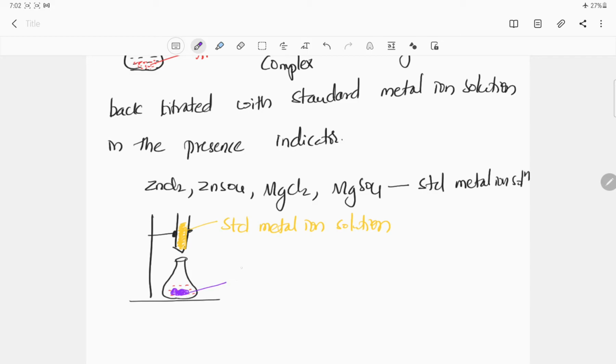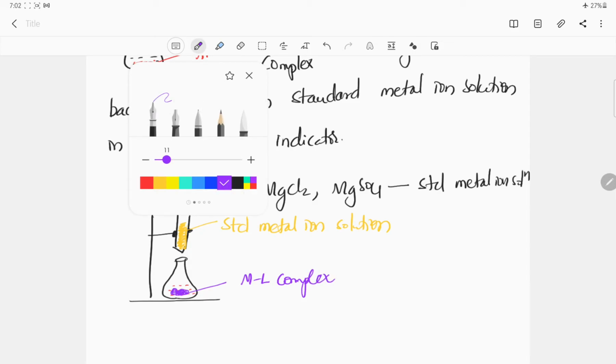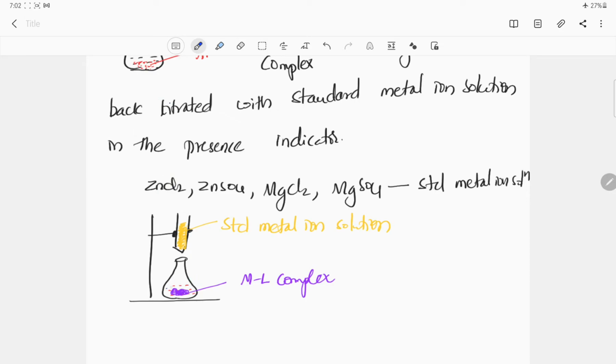So this is the metal ligand complex. The remaining blue indicates the excess ligand, for example EDTA.